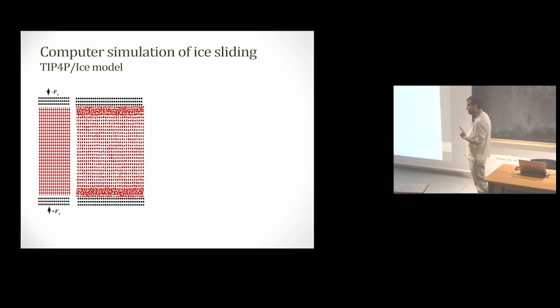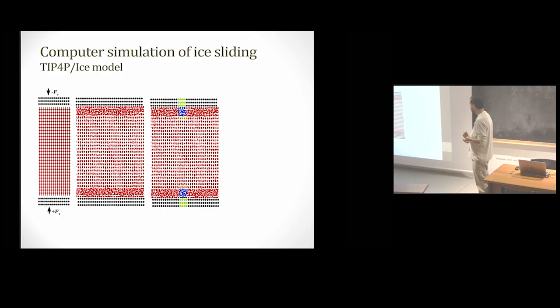Okay? Now, next thing I will do is as follows. I'm going to use a color code. Okay? At time t0, after equilibration, I'm going to color in green some central atoms in the wall. In blue, some central atoms in the lubrication layer or pre-melting layer. Is it lubricating? That's what I want to find out. In the pre-melting layer.